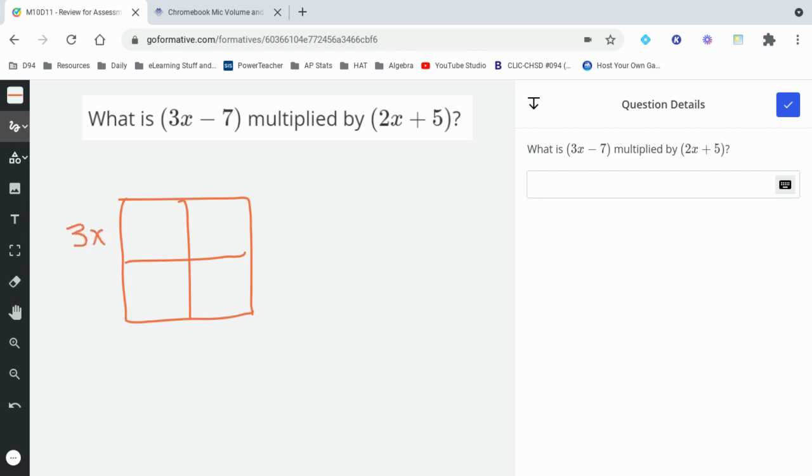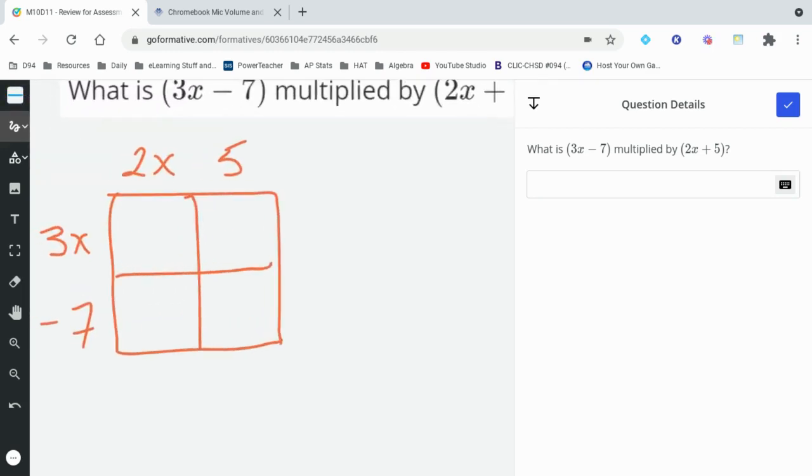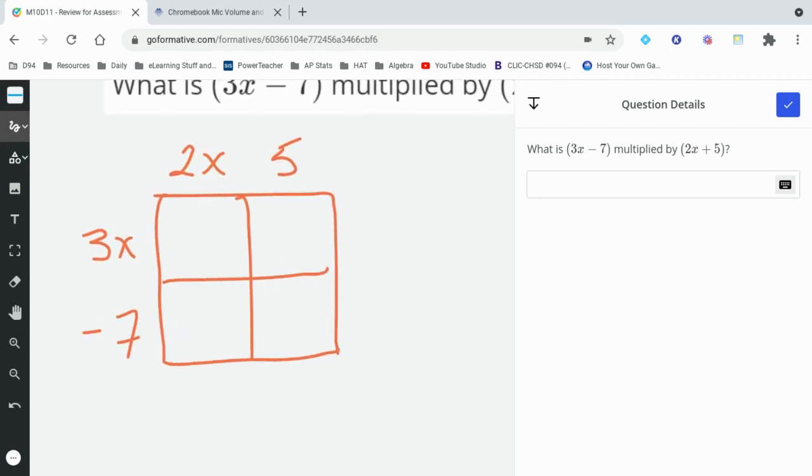I'm going to put one of the binomials down this side, each in a separate box. We have 2x times 5. And again, remember, effectively we're finding the area here. So then this is going to become 3x times 2x.